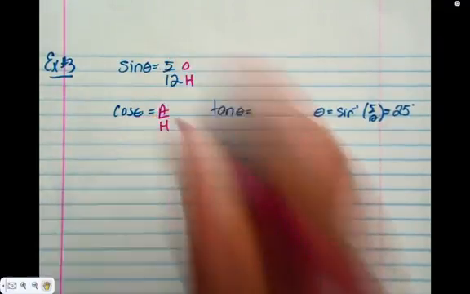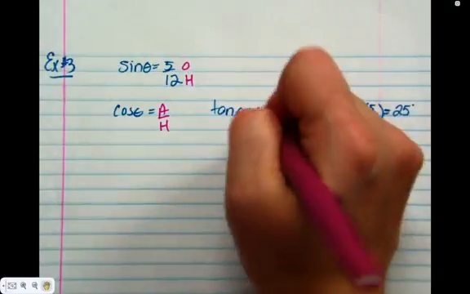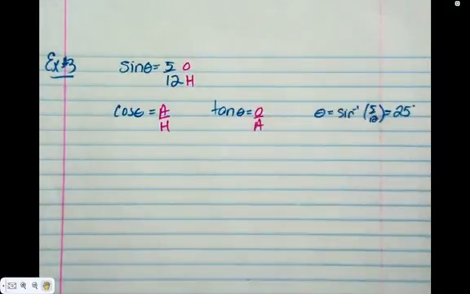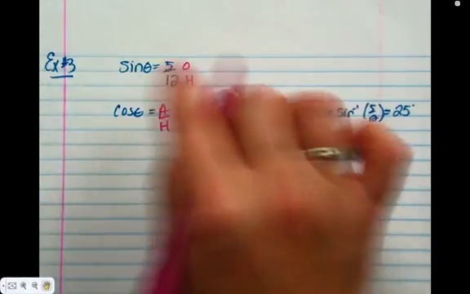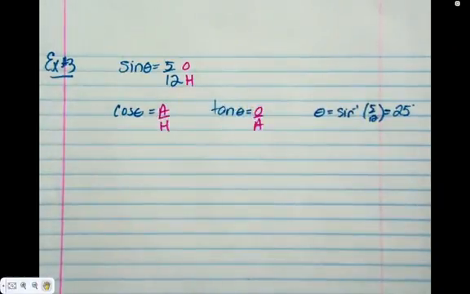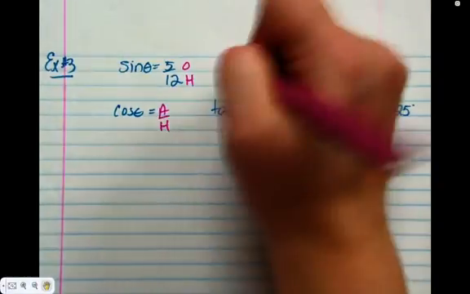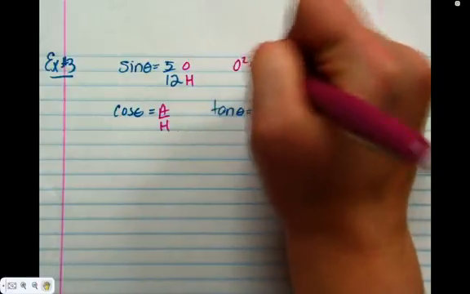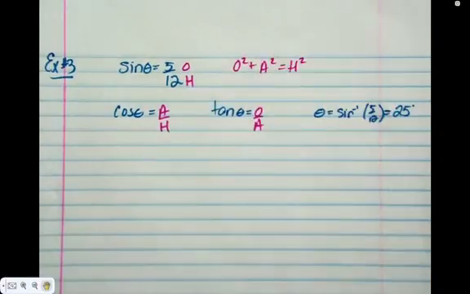A and h. And what do we need for tan? O and a. What do I not have? So I need to find a. Well, how am I going to find it? Pythagorean theorem. So I know that o squared plus a squared equals h squared. Or I can say x squared plus y squared equals h squared. It's completely up to you which way your brain wants to think about it.